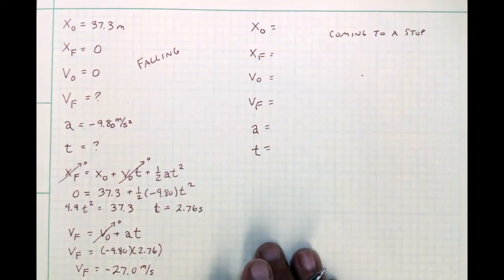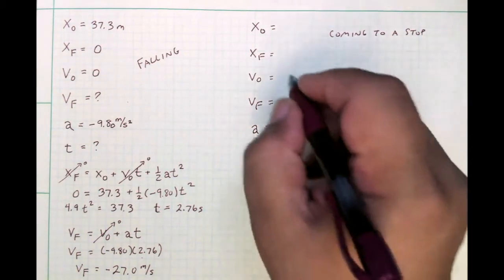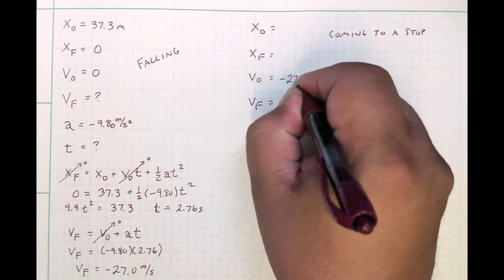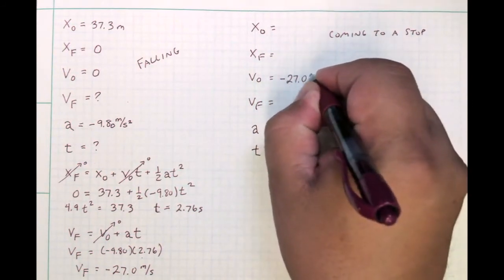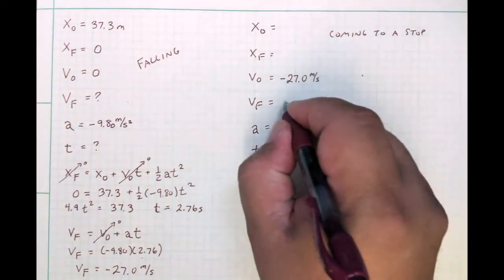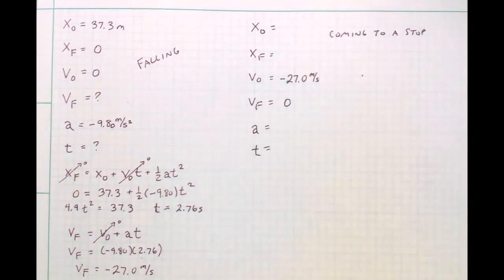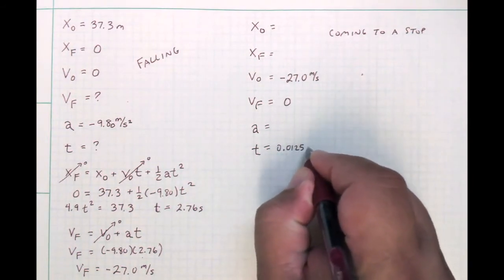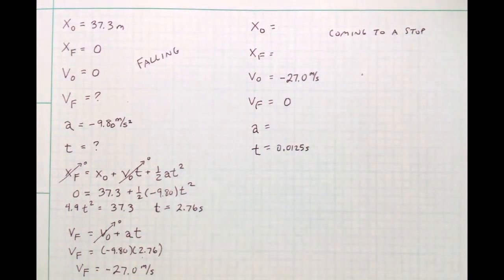Once again, we look at our problem-solving procedure and we say, all right, what do we know coming into the problem? Well, we know that just before they hit the ground, they have a velocity of negative 27.0 meters per second. Again, the negative sign meaning they're traveling downward. When they are finished coming to a stop, they will have a velocity of 0. And this takes 0.0125 seconds to occur.